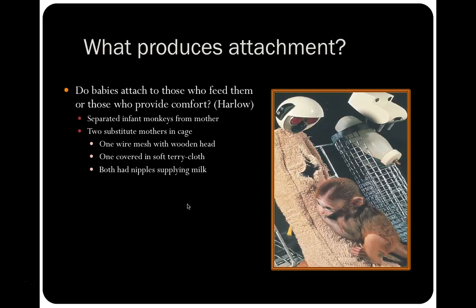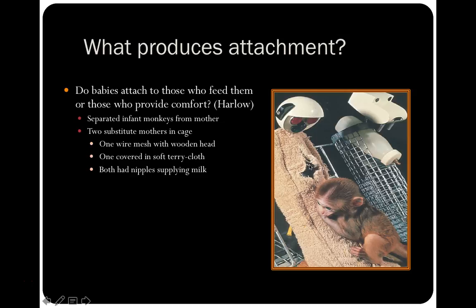Well, in one study, both had nipples supplying milk. Actually, in the first study, everything was like this, except that there was also milk provided by the one with the soft terry cloth.